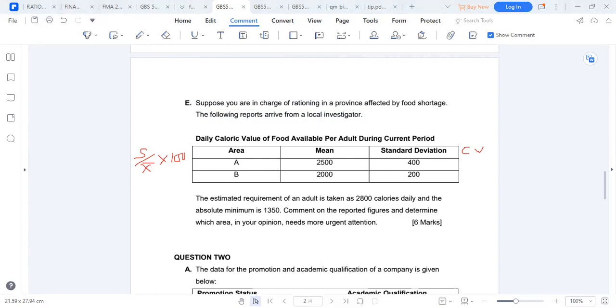Unfortunately, for some of us, we didn't attend that class. Those that attended, what does this mean? Please don't embarrass me. I taught this very clearly. When you have a higher coefficient of variation, what is the implication?